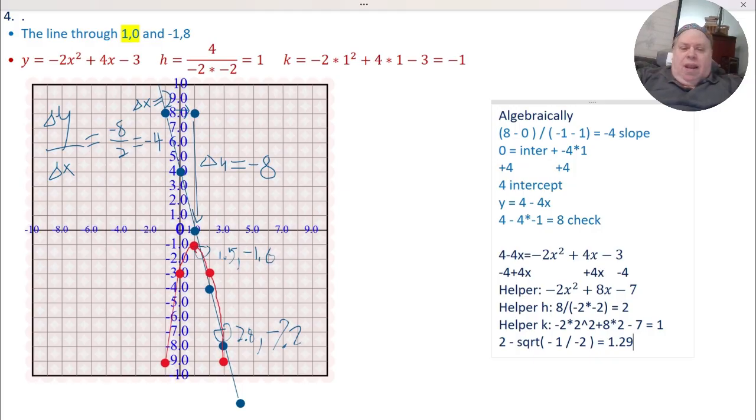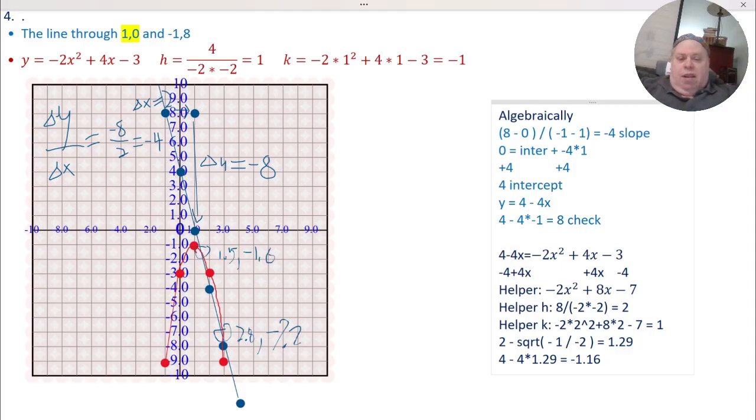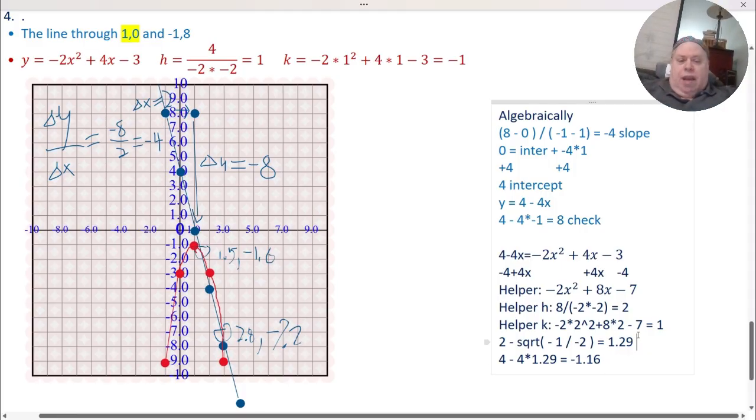Now, I plug 1.29 into the linear function, 4 minus 4 times 1.29. And that gives me the y value. Okay, so this was the x, and the y is minus 1.16.